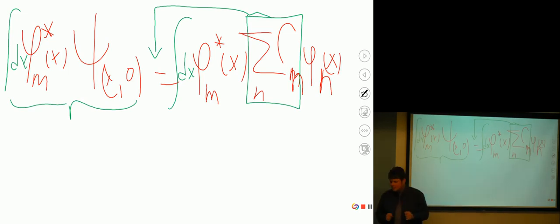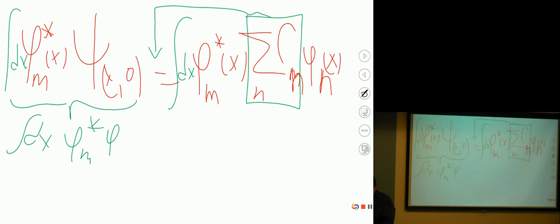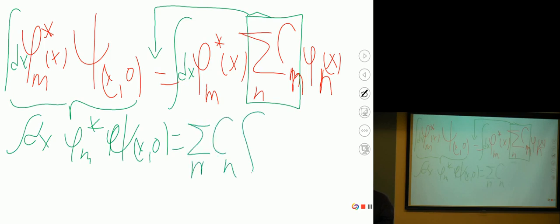If I do not know what to do, I practice calligraphy as a timeout to think further. So writing once again: integral dx phi m star psi x equals the summation over n of c sub n times the integral dx phi m star phi n.